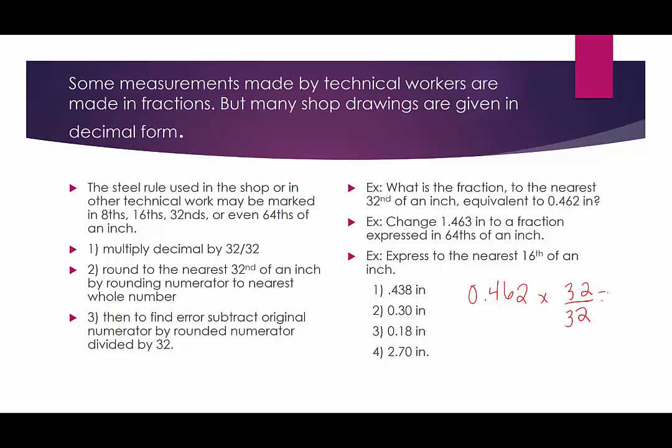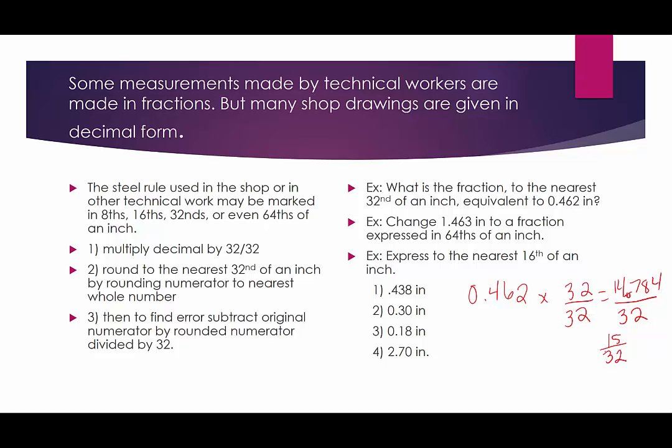When you do that, you just multiply the top, and you get 14.784 divided by 32. Then it says rounded to the nearest 32nd of an inch by rounding the numerator to the nearest whole number. So you want this to be a whole number. So 14.784 would round to 15 over 32.